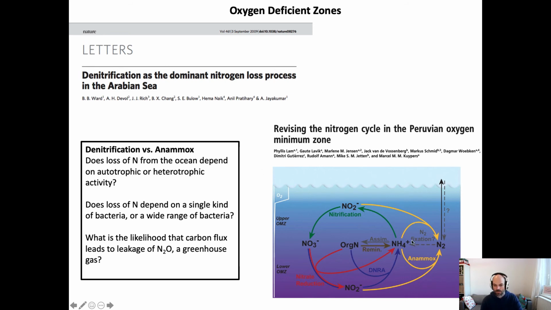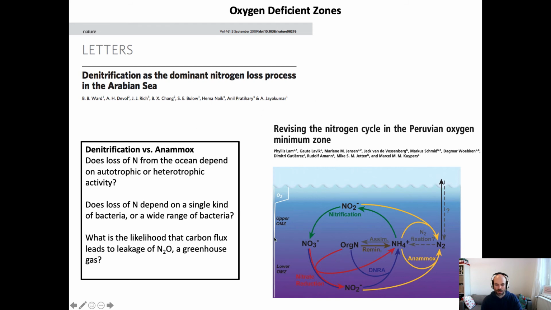And in this Peruvian study, they drew their summary figure where they don't even list denitrification as a source of N2 at all. They show nitrate and nitrite being consumed, but they don't use the word denitrification, and they imply or maybe come right out and say that anammox is the dominant process forming N2 in the Peruvian oxygen minimum zone.